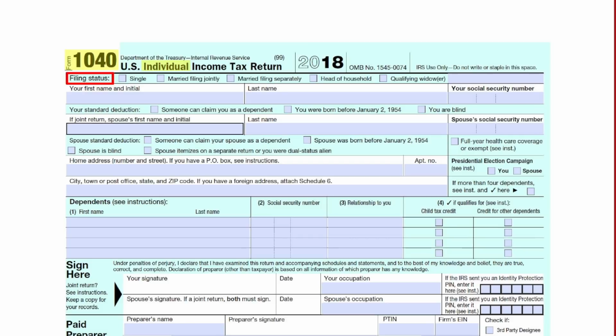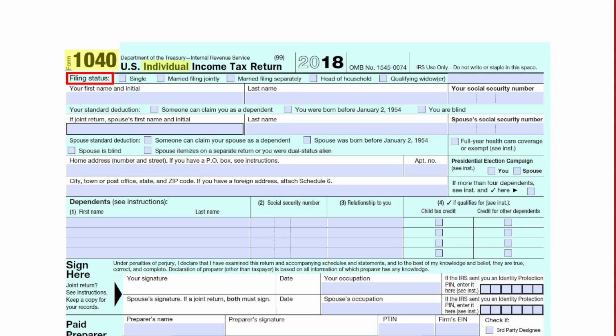You could either do a married filing joint or a married filing separate. However, if you're single, the base status, of course, is single. But you could upgrade yourself to a head of household or a qualifying widow or widower.